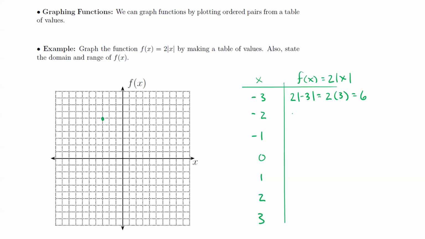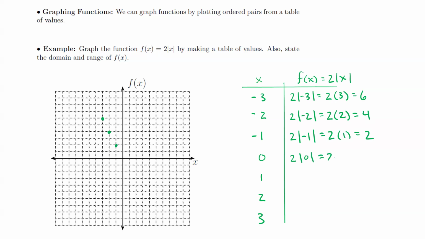We'll do the same thing with -2. The absolute value of -2 is +2. So that gives us 4. So when x is equal to -2, y is equal to 4. When x is equal to -1, y is equal to 2.